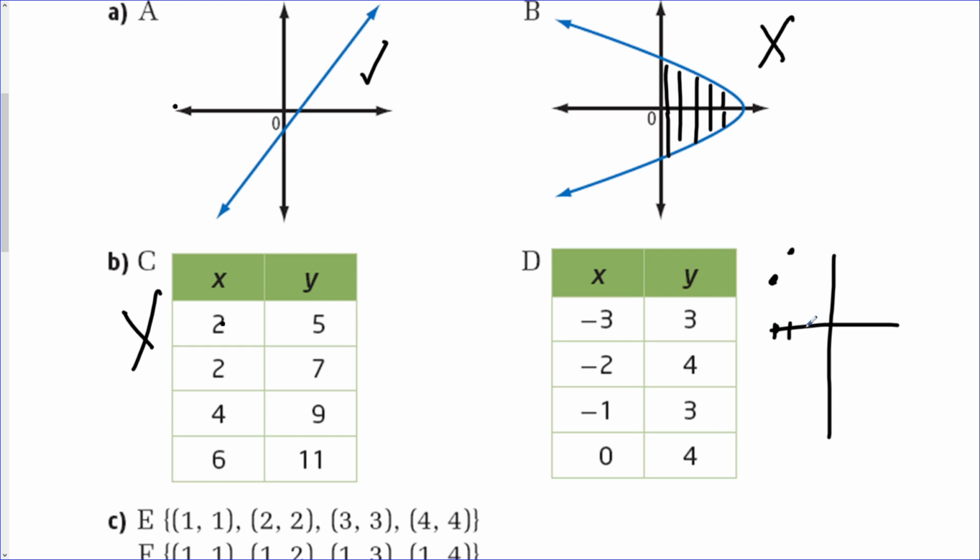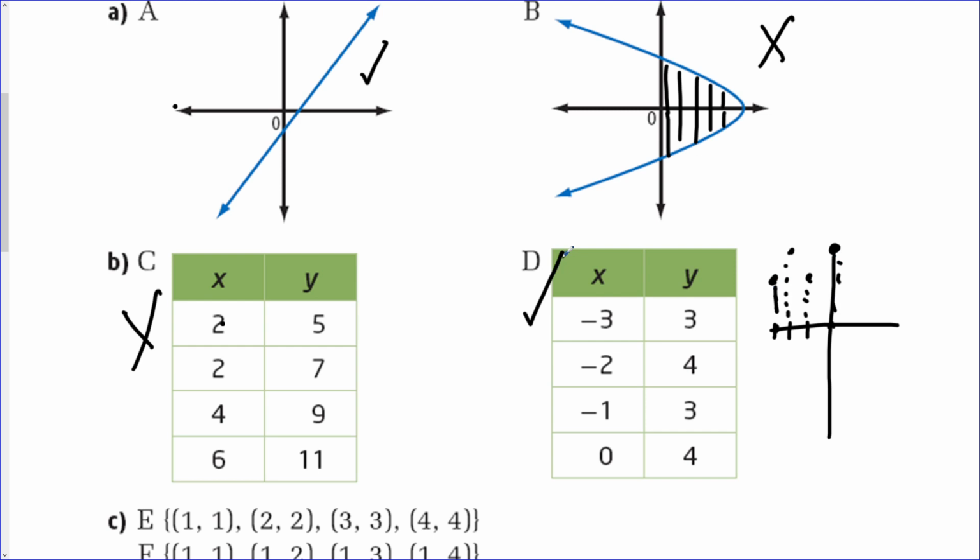At x is -1, y is equal to 3. And at x is 0, y is equal to 4 again. Even though the y values are repeated, it's okay. The important thing is that for each x, I only have one y. And that's the case with these values that I'm given. So yes, D is a function.